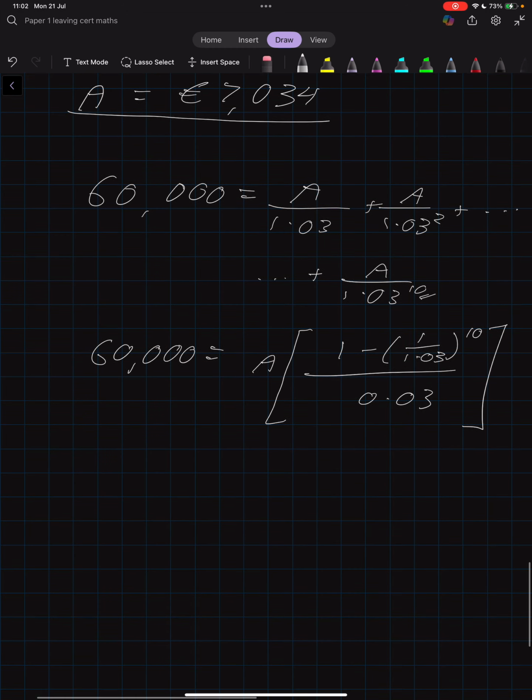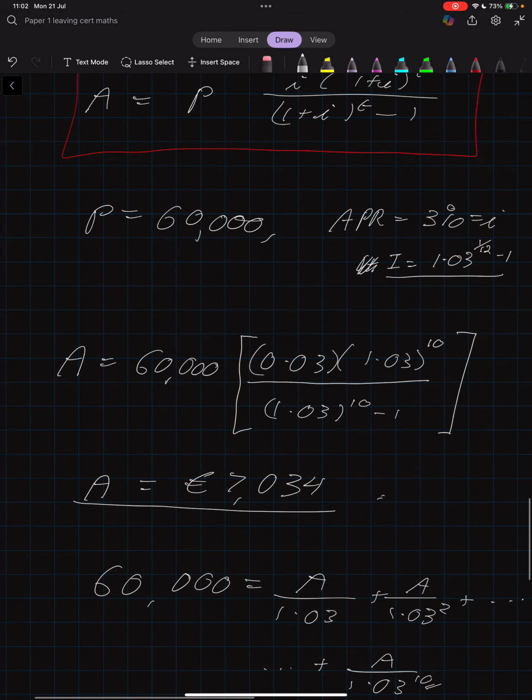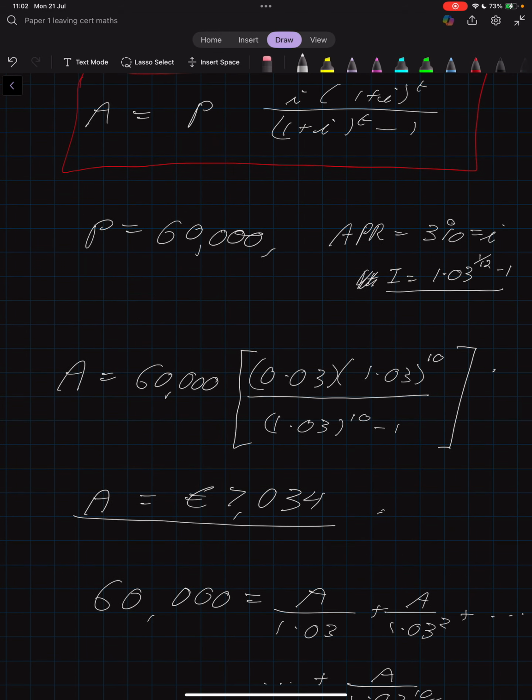If you solve this, you would also get that it's A into 8.53. And so A would equal 7034 as well. So either way works. But up here is just a bit simpler. Once you have the formula, you just plug in the numbers, plug into your calculator, and boom, you're done.